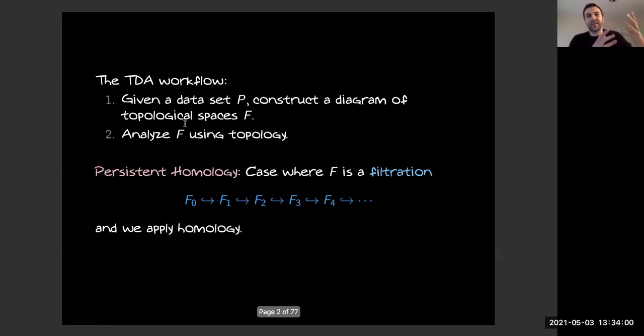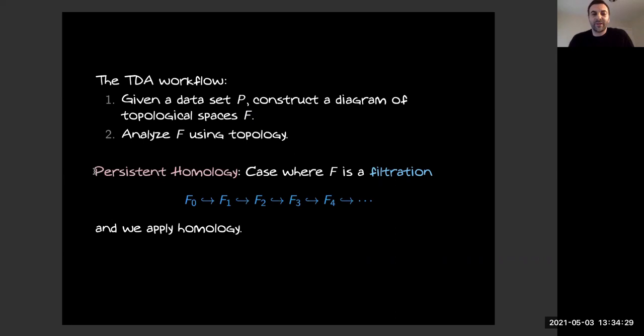I start with a data set, and from this data set, I construct a diagram of topological spaces, call it F, say, and I build F in such a way that the topological structure of F captures some information about my data that I care about, usually some kind of geometric information. And then I analyze F using usually well-known tools from topology and abstract algebra, for example, homology with field coefficients or the connected components functor.